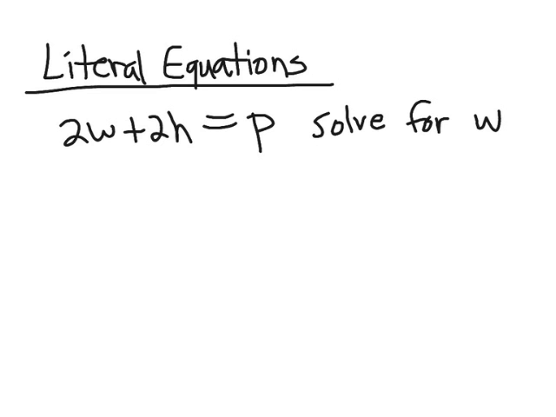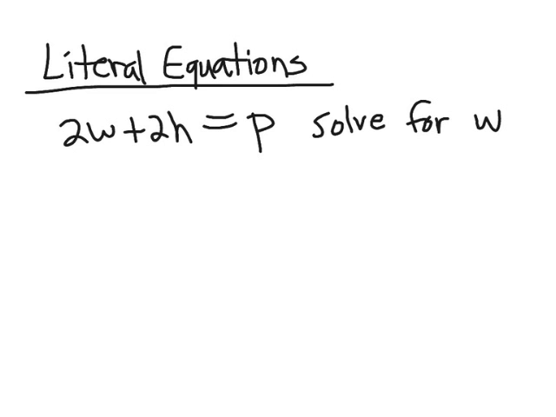Right now we would say this equation is solved for p. What I mean by solved for p is on one side I have p all by itself, and there's no other p's anywhere in the equation. Quite often in science, chemistry, biology, physics, once again, when you have a formula, you need it solved for another letter for various reasons. So in this case, we want to get the letter w all by itself.